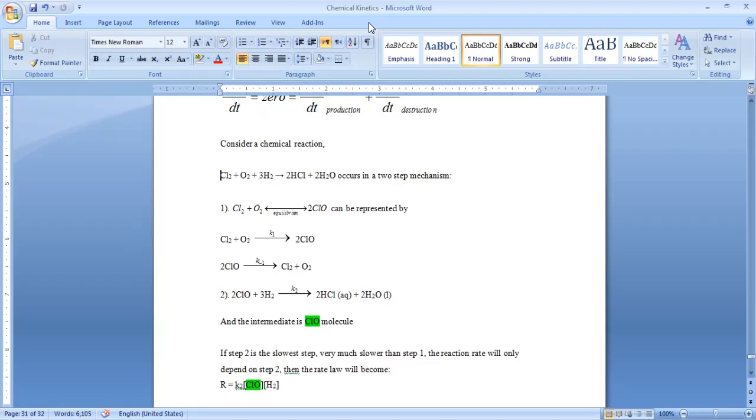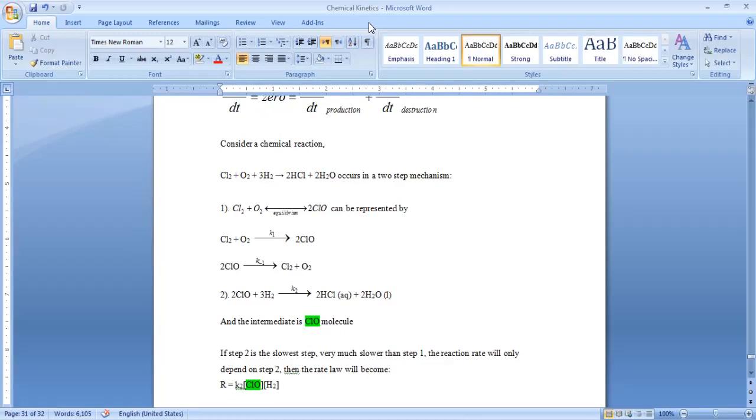Now let's say for example step 2 is a slow step, very much slower compared to step 1 and the reverse of step 1.